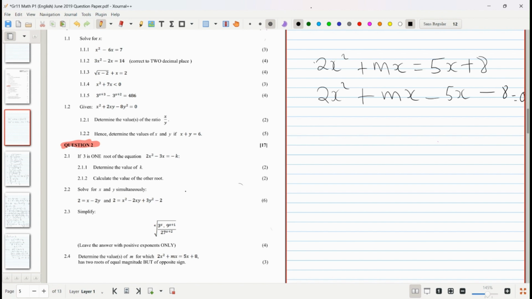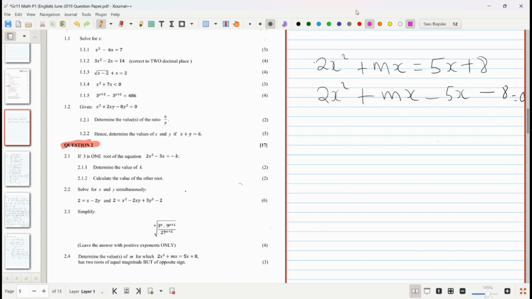So we can see, according to the standard form for the quadratic equation, this is the same as ax squared, and then this is the same as bx, and then this is the same as c.